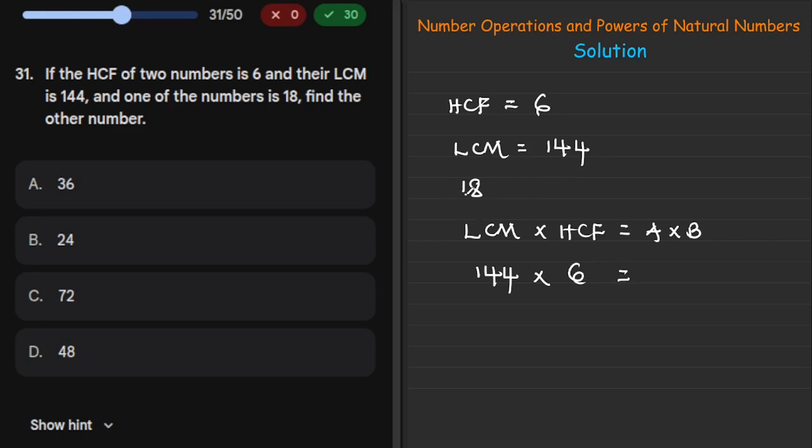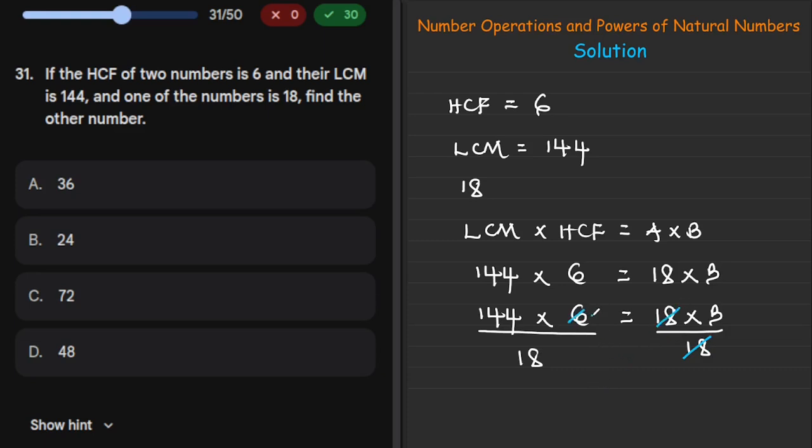So if our first number is 18, then let's multiply it by the second number. Let's say the B. So it's all about making B your subject. You see. So what are we going to do? We are just going to divide both sides by the 18 and divide this side also by what? The 18. So with that, we can easily say this 18 cancels out this 18. And 6 divides itself once and then divides 18 how many times? 3 times.